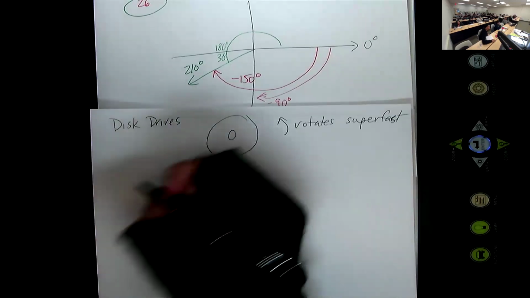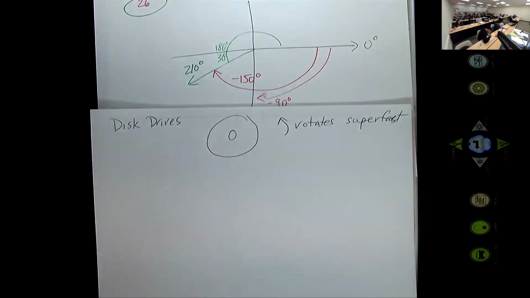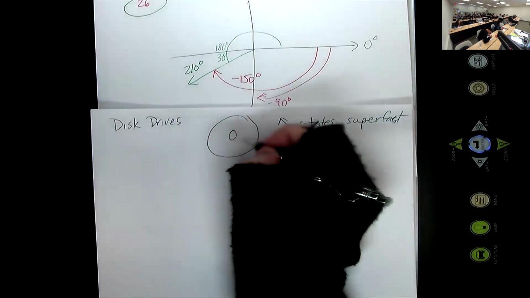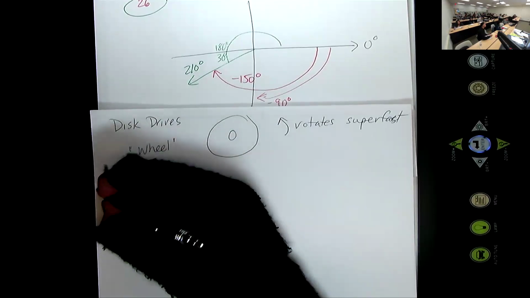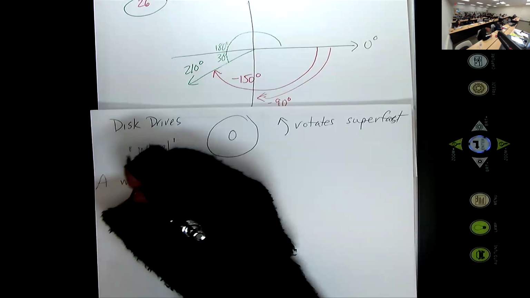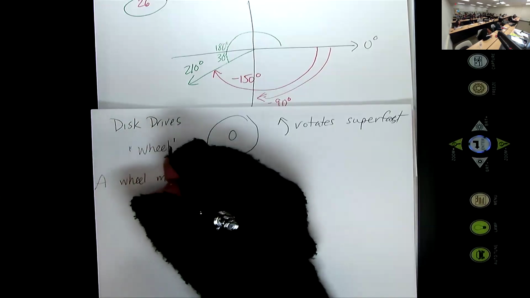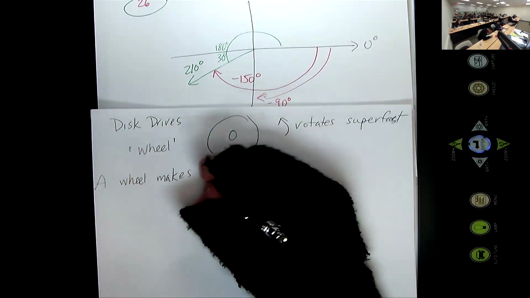Let's get this. Disk drive, and they rotate super fast. This is effectively a wheel. So let's say a wheel makes 270 revolutions per minute.